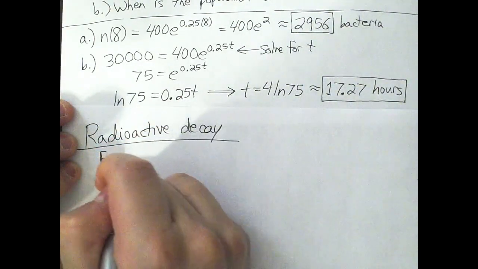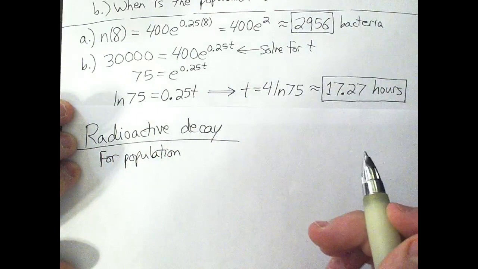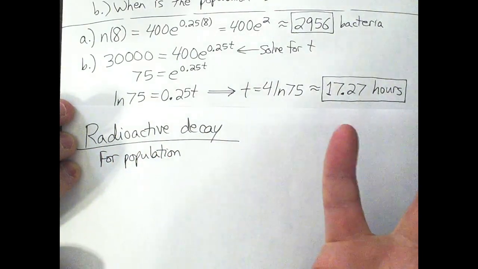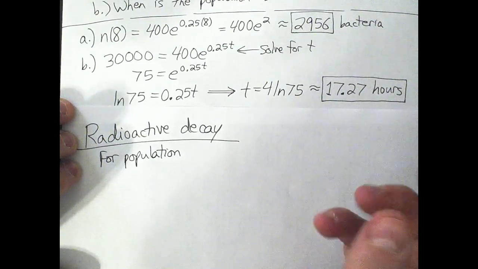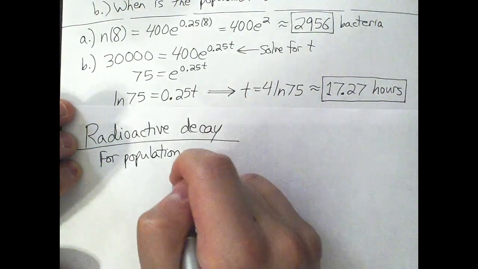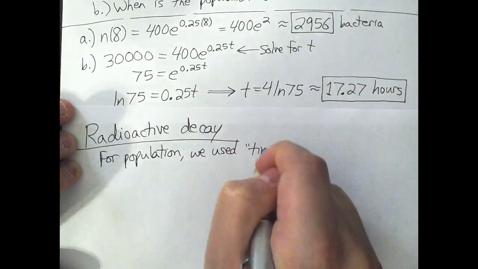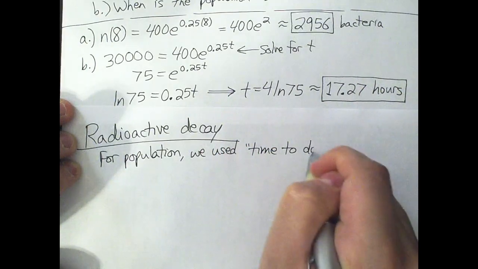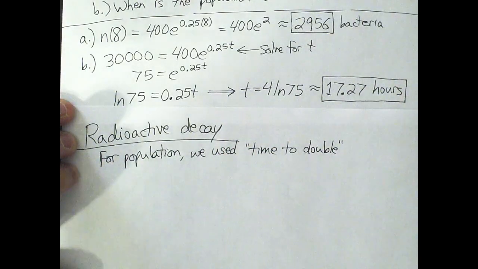So for population, we talked about a couple of different models, but for the first one that we did, the simple exponential growth model, the first one with the 2 raised to the t over a, we used time to double. And we had one word problem where I said, the population takes 2 hours to double.